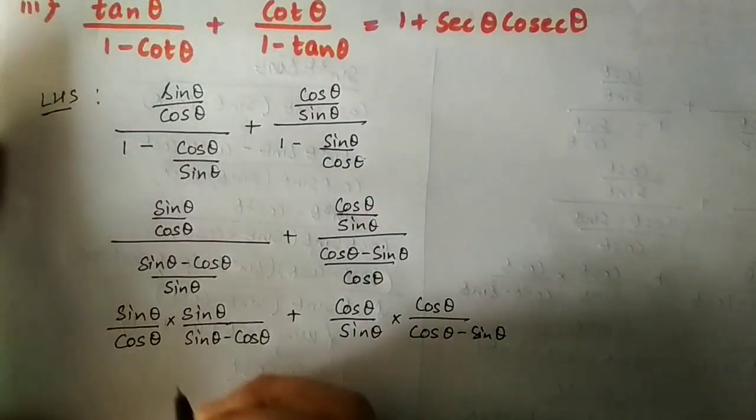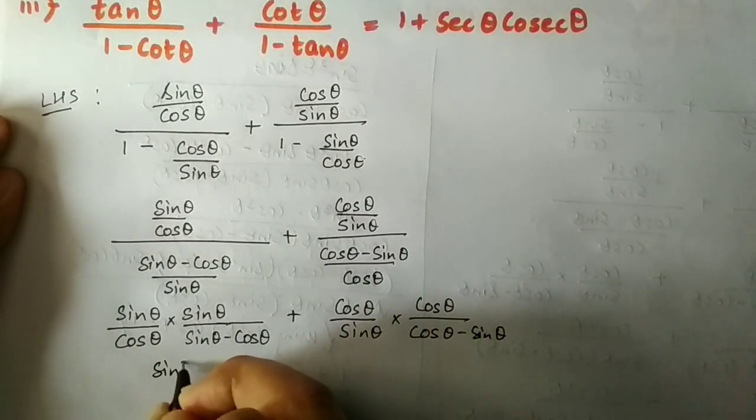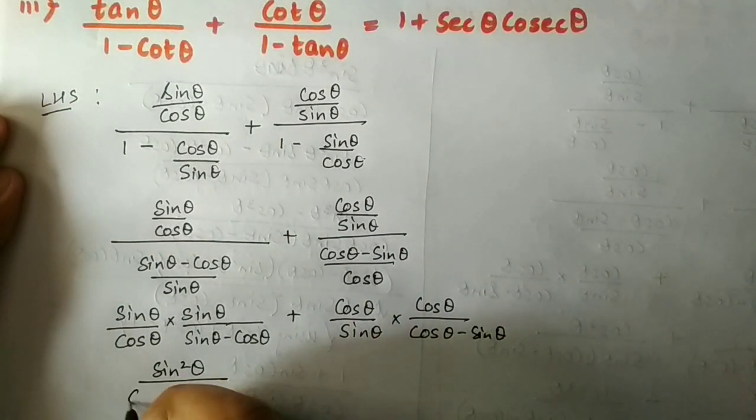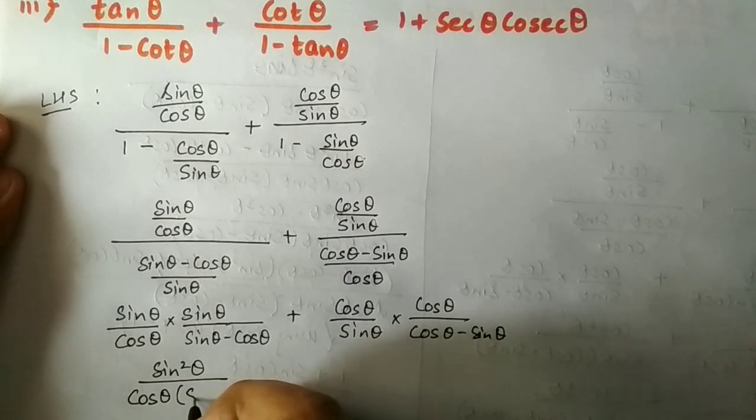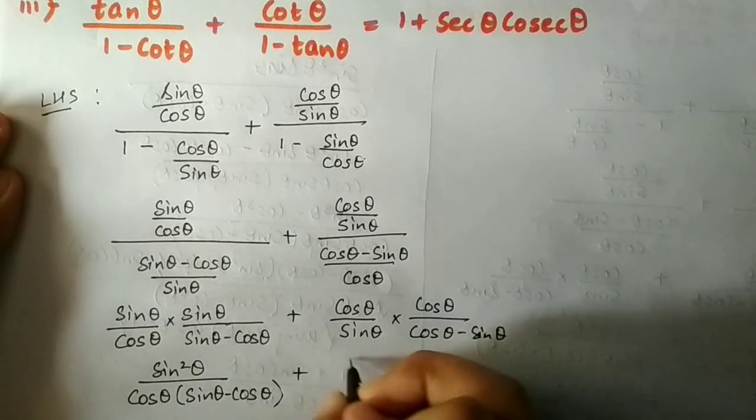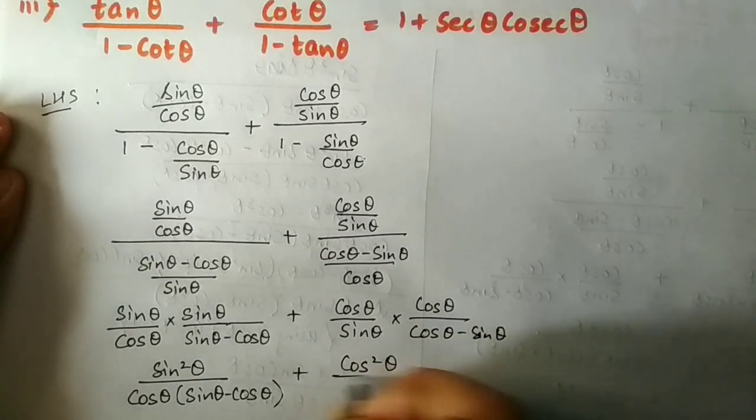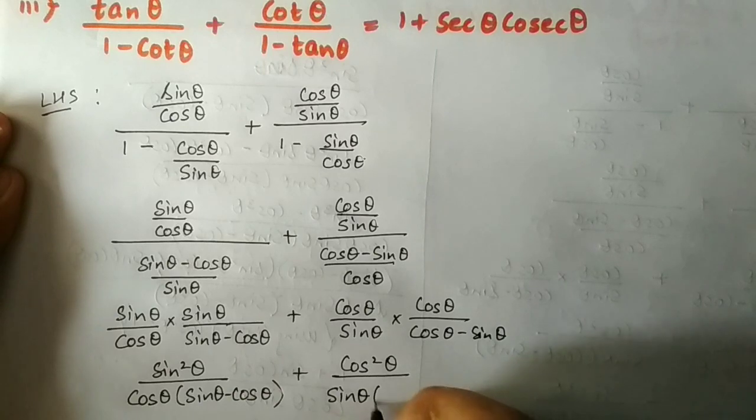Now from here you get sine square theta upon cos theta multiplied by sine theta minus cos theta plus cos square theta upon sine theta multiplied by cos theta minus sine theta.